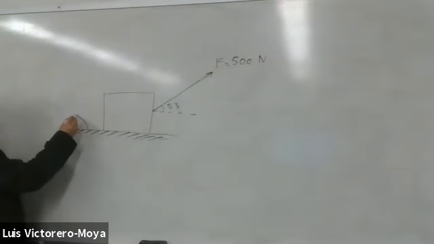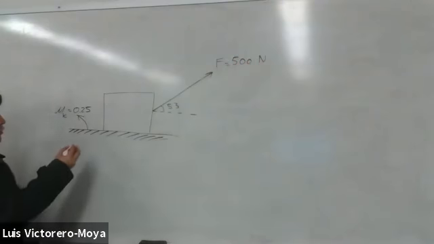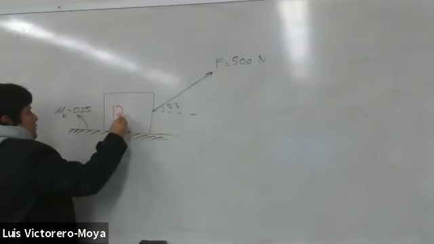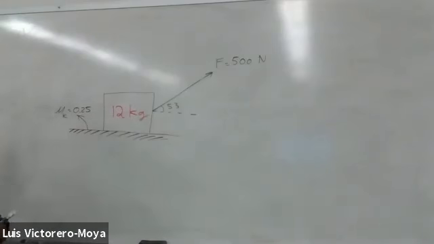And I'm going to give you a mu kinetic of 0.25. And then let's give you a mass of 12 kilograms. Find the acceleration of that mass.